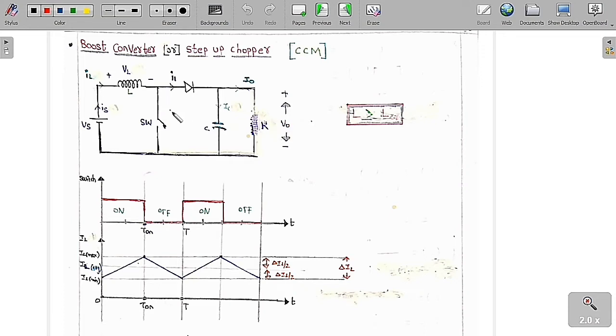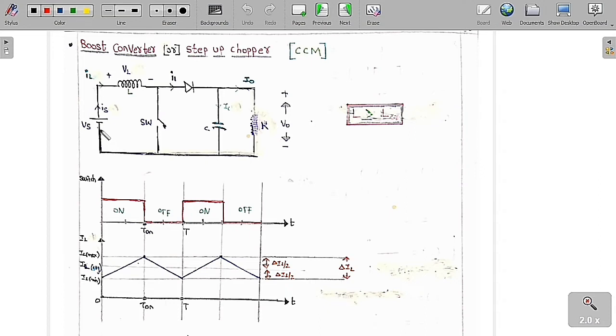Here we have just interchanged the devices by an anti-clockwise shift. So S, D, L. Previously there was S, then D and then L, but now we have given an anti-clockwise shift. Therefore S, D, L. This is the same load, and across the load we are going to keep a capacitor because there should be no change in the output voltage.